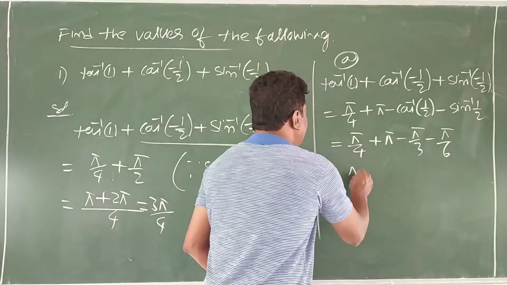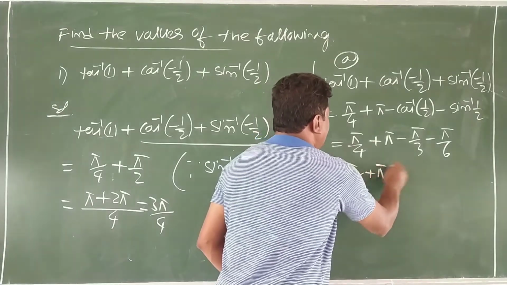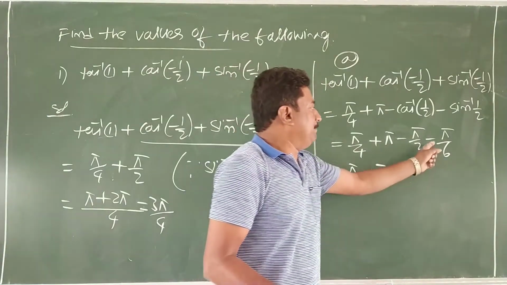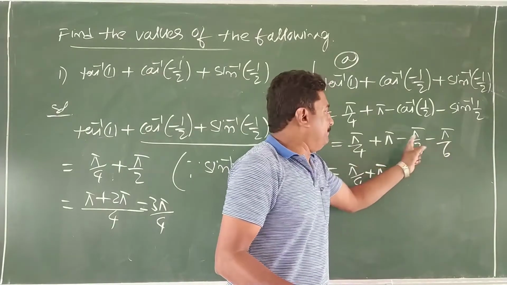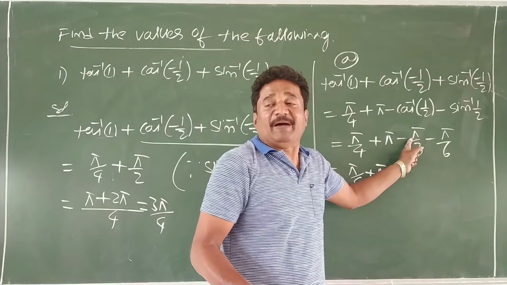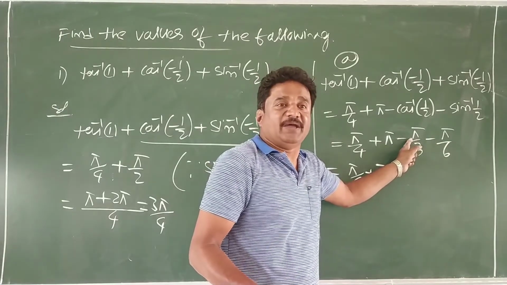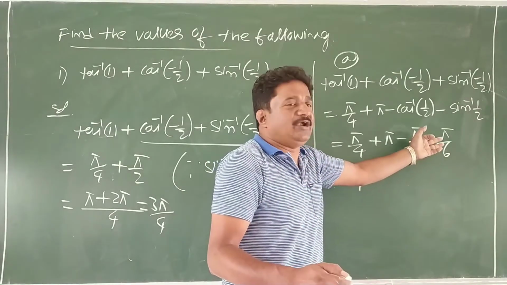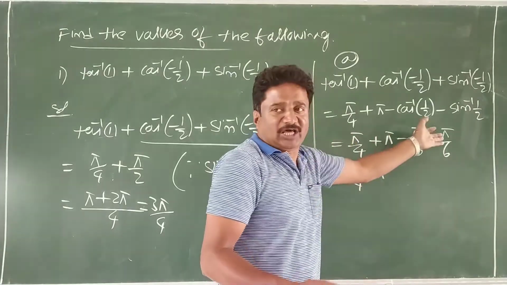You look at this, pi by 4 plus pi. Minus 30, minus 60. How much is minus 30, minus 60? Minus 90, minus pi by 2. Or otherwise you go for finding the LCM for all the terms.